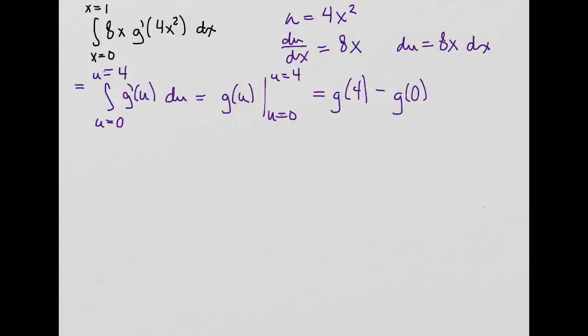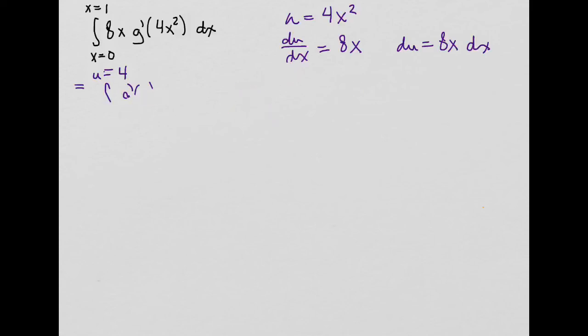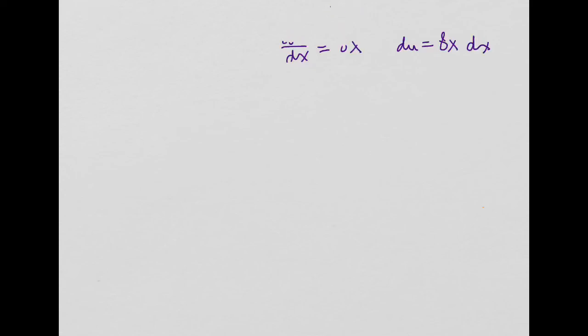Now, what if we need to do something a little bit different? Let's look at something different and tell me if you can tell what's going on. So let's say that we have, let's do a definite integral of x to the fourth plus square root of x dx.